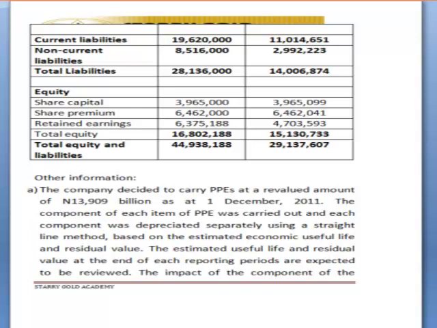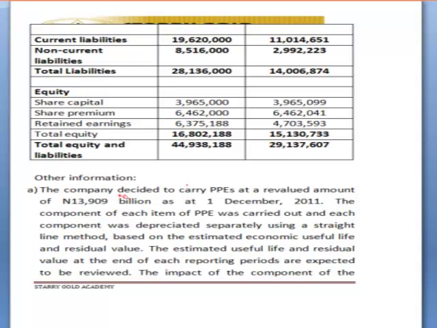Now, in the other information section, you were told that the company decided to carry property, plant and equipment at a revalued amount of 13.9 million. I think this should be million. 13.9 million as at 1st December 2011. The component of each item of property, plant and equipment was carried out, and each component was depreciated separately using a straight line method based on the estimated economic useful life and residual value.